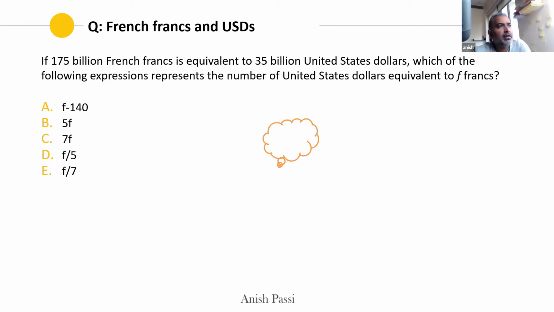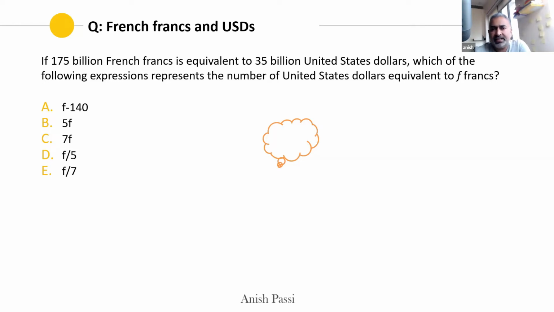One thing I'm wondering about initially is, whatever the value of F is, if I have some random number of francs, correspondingly, in US dollars, would I get a figure more than F or less than F?